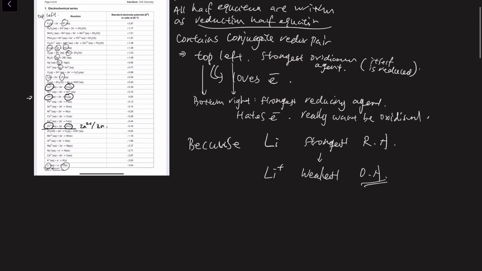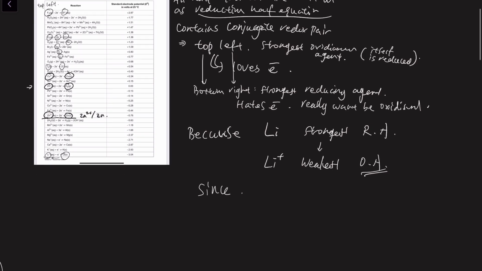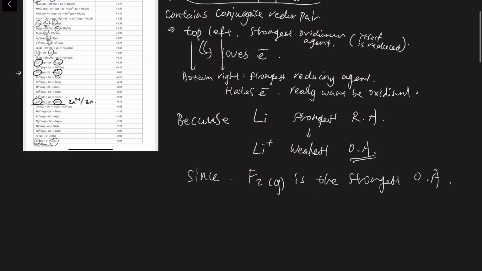Conversely, since fluorine gas is the strongest oxidizing agent, the fluoride ion is the weakest reducing agent.